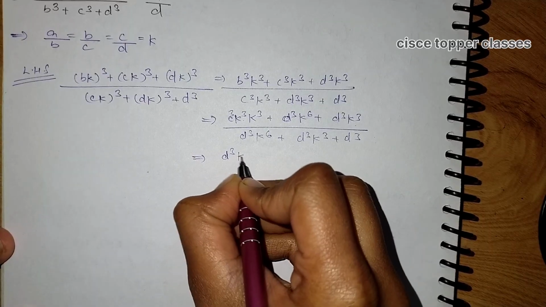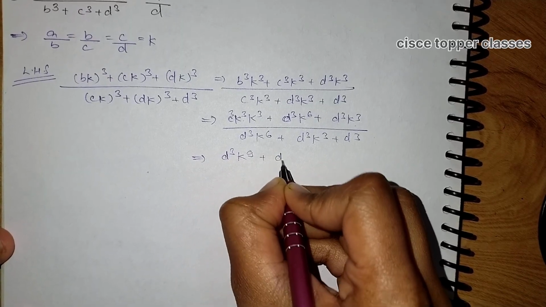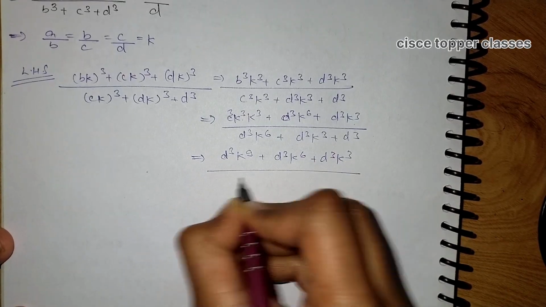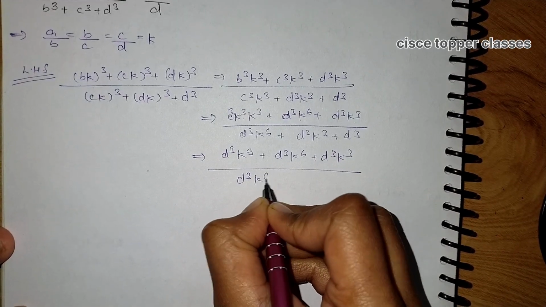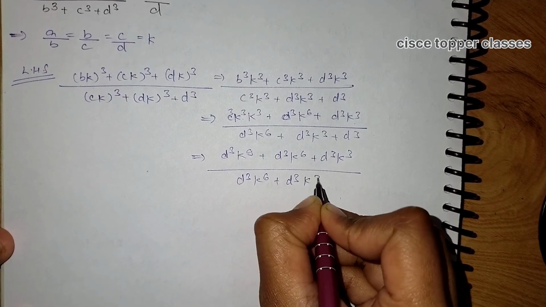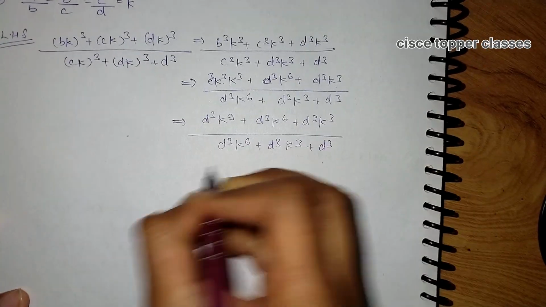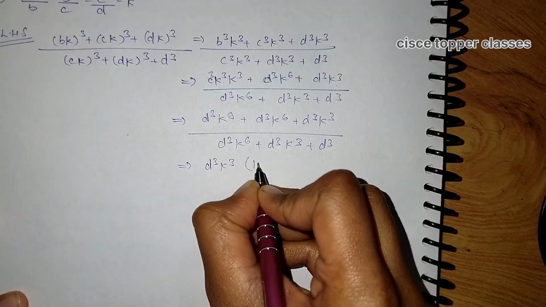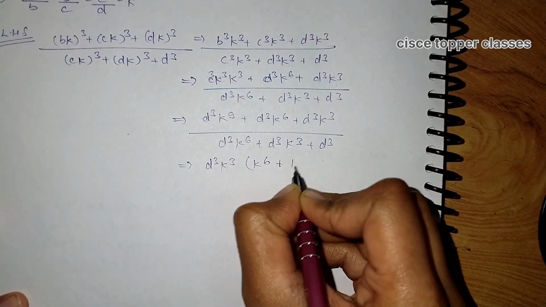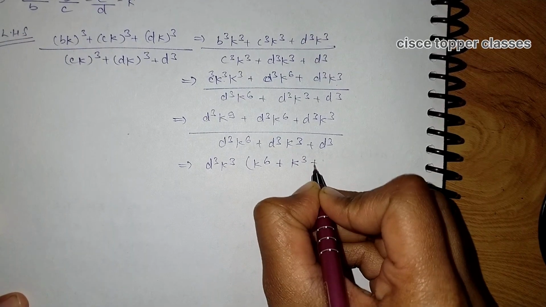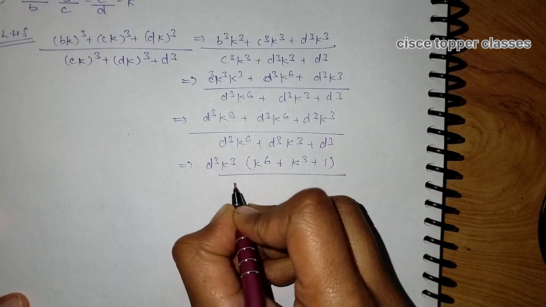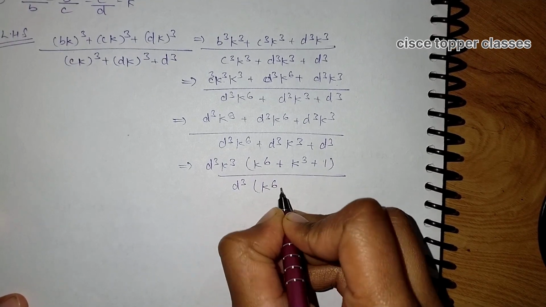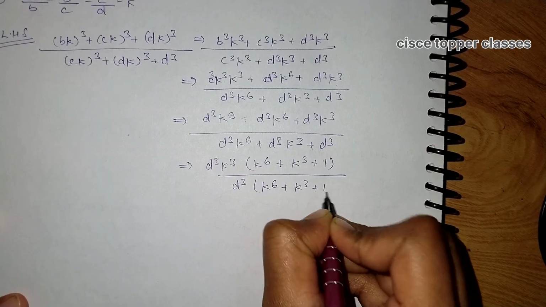So D cube K to the power 9 plus D cube K to the power 6 plus D cube K cube divided by the same thing, D cube K to the power 6 plus D cube K cube plus D cube. Taking common here D cube and K cube, it will become K to the power 6 plus K to the power 3 plus 1, divided by D to the power 3, taking common K to the power 6 plus K to the power cube plus 1.